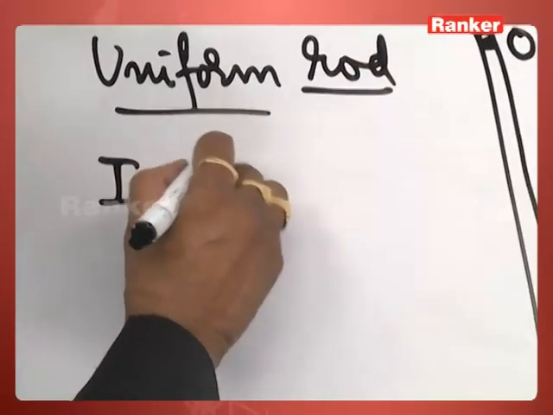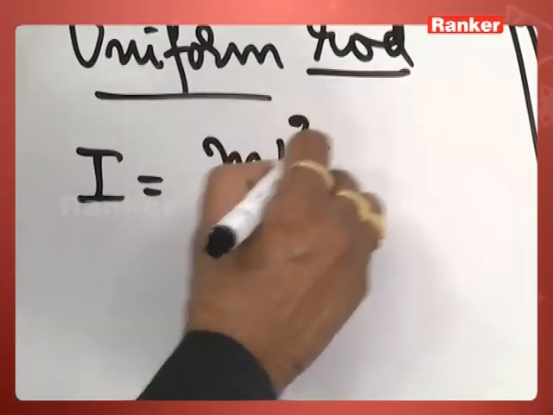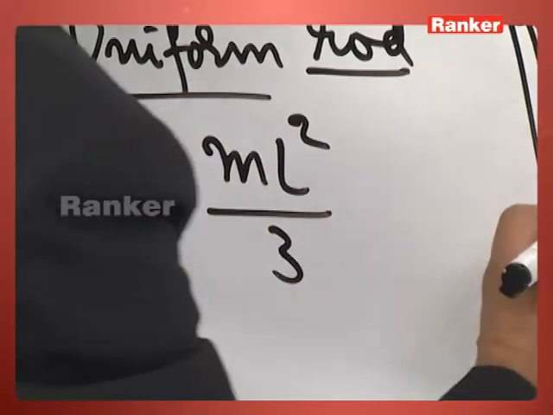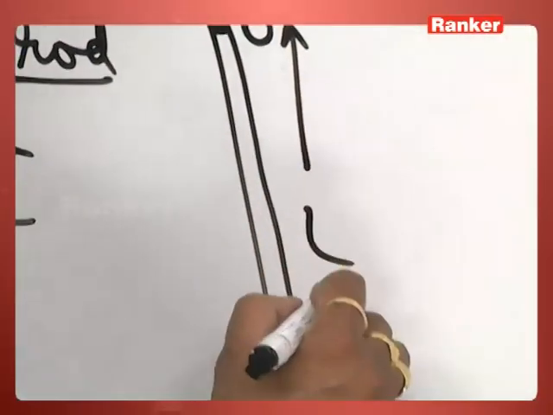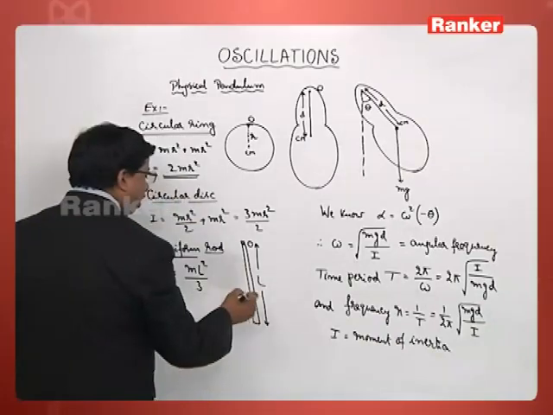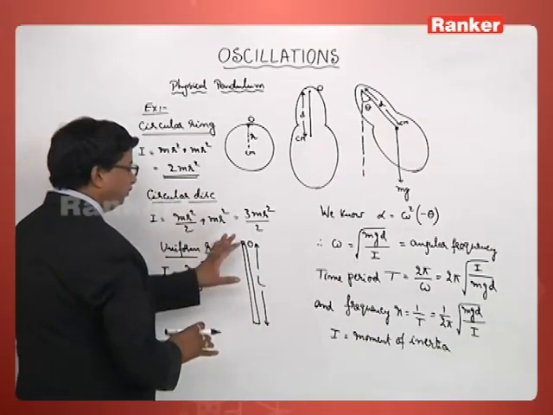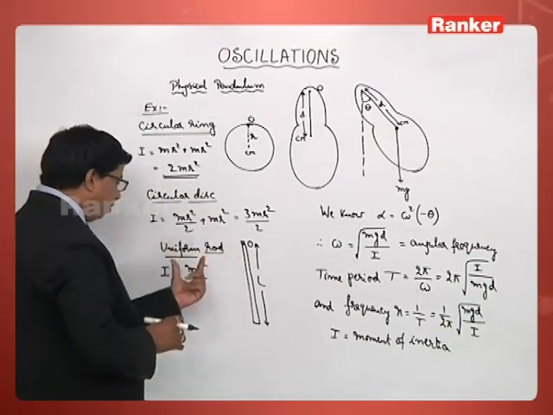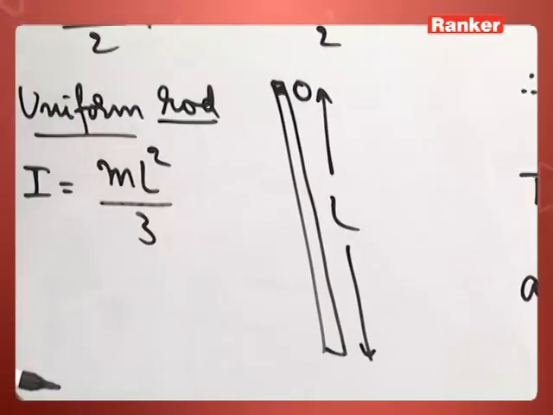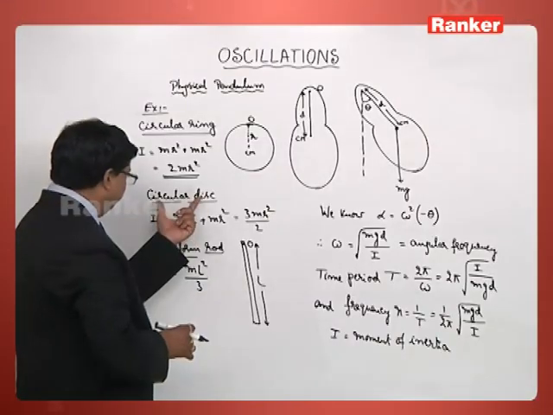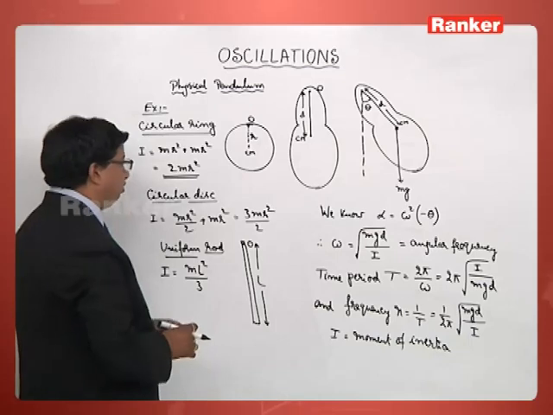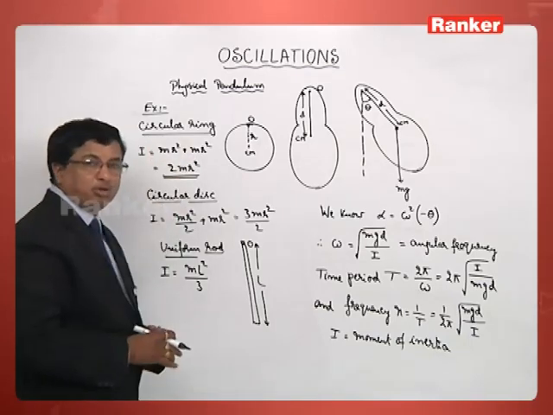It will be ml square by 3, where L is the total length of this rod and m is the mass of the rod. So, for a uniform rod, I is equal to ml square by 3. For a circular disc, 3mr square by 2. For a circular ring, 2mr square.